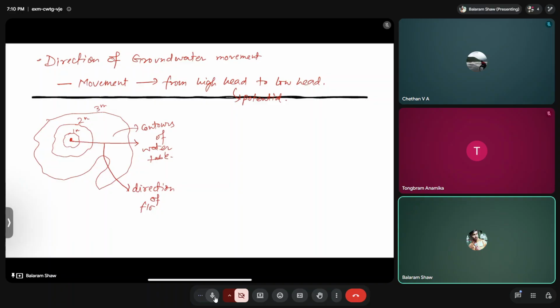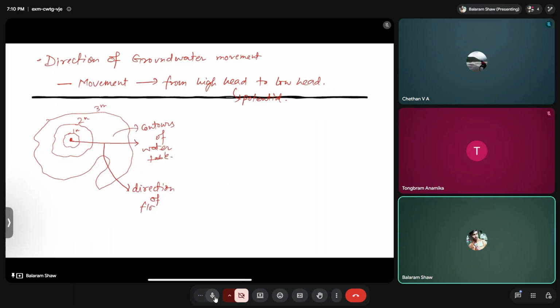What is a flow net? Flow net is a network in which we'll draw both flow lines and equipotential lines. Okay, what are flow lines? We have talked about streamlines, right? Kind of that only. So flow lines are the lines along which the flow will occur, whereas equipotential lines are the lines along which there will be equal heads.